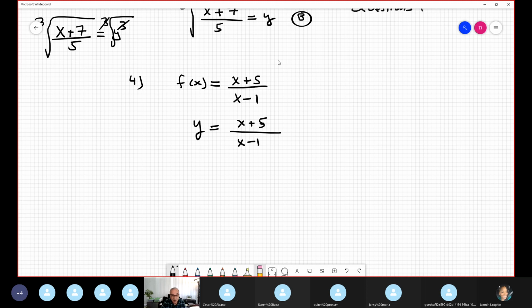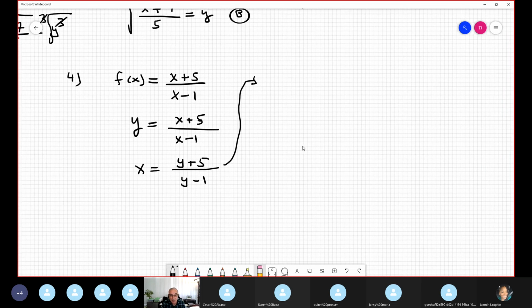Now interchange x and y. This is x now, and this is (y plus 5) over (y minus 1). Okay, now I might need to manipulate a little bit of algebra, no big deal, to solve for y. So I propose cross multiplication. You multiply x times (y minus 1) equals y plus 5. You remove the parentheses with the distributive property.